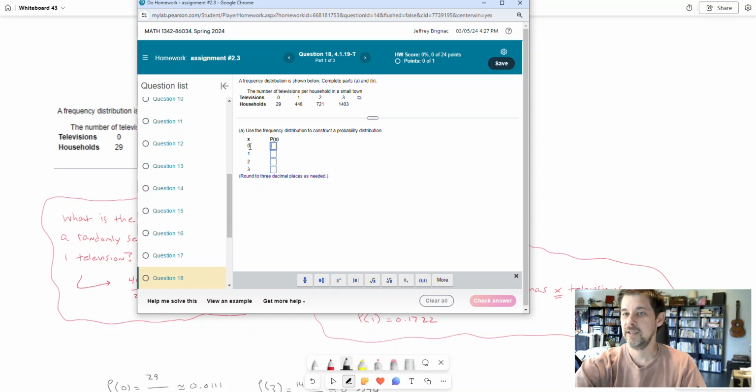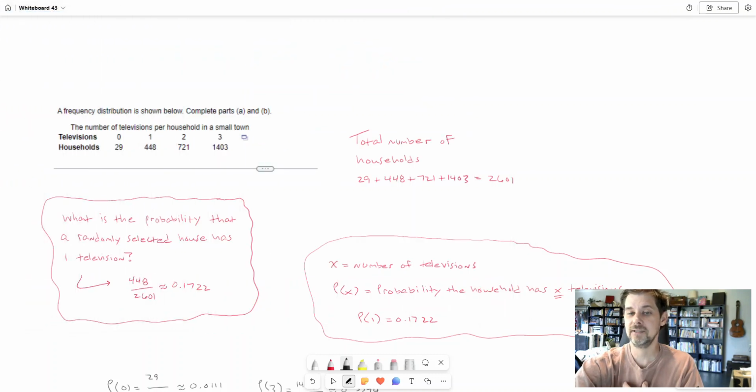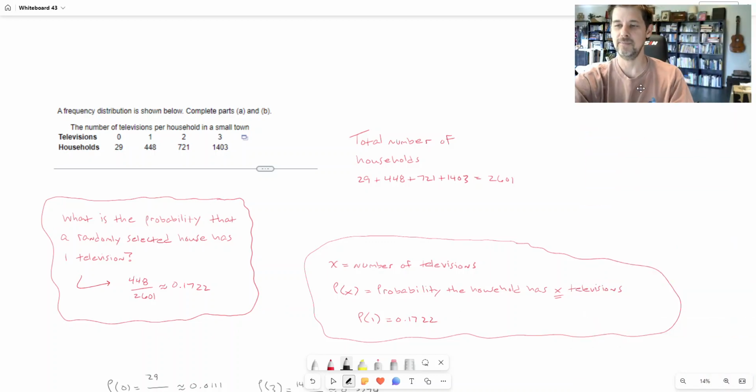So when I calculate P of X, that's the probability that X is 0 in this case, or that the random household you select has no television. If X was 1, P of X would be, what are the odds that a randomly selected household will have one TV, and so on. So it's just like asking this question, but it makes it seem more complicated.